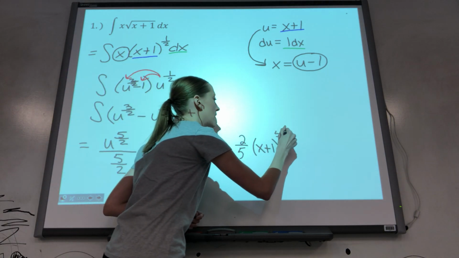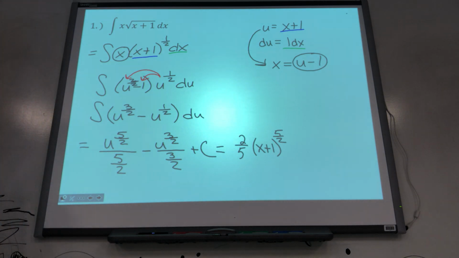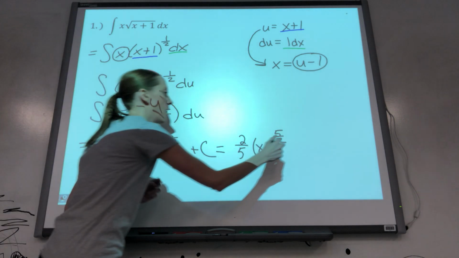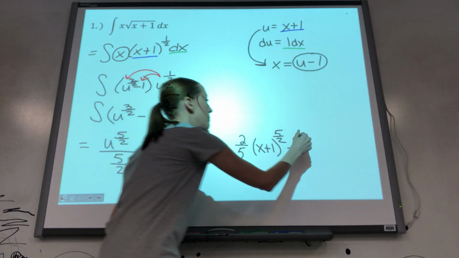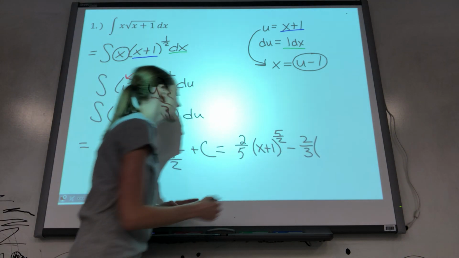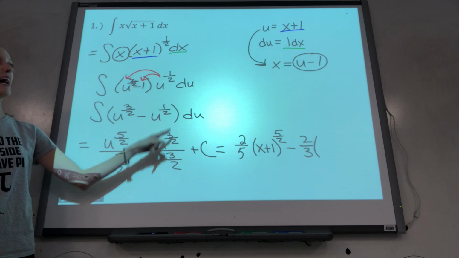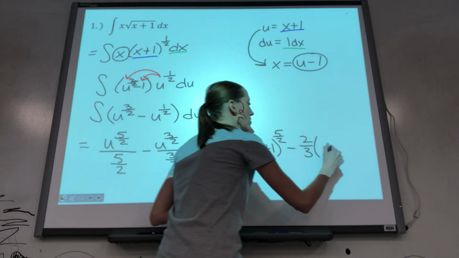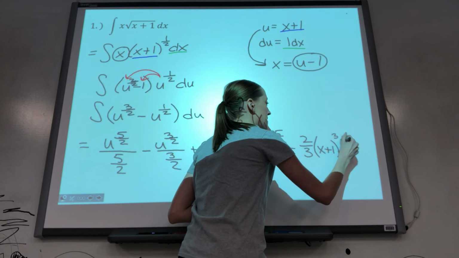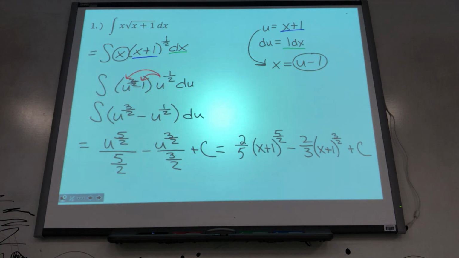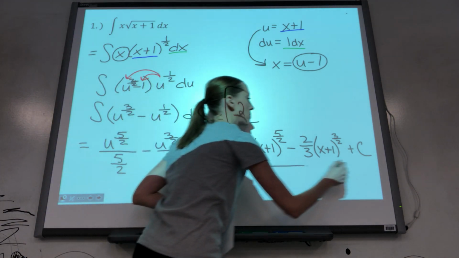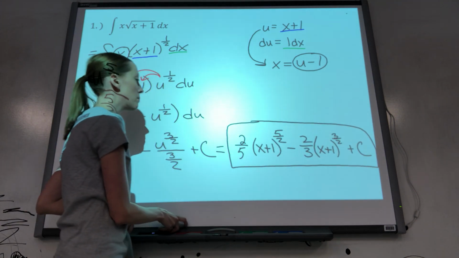So it's actually x plus 1 to the 5/2 power minus, flip this fraction over, it becomes 2/3 u to the 3/2 power, but u was x plus 1. So there's that, and then don't forget always, got to put our plus c. So that would be our answer for example 1.